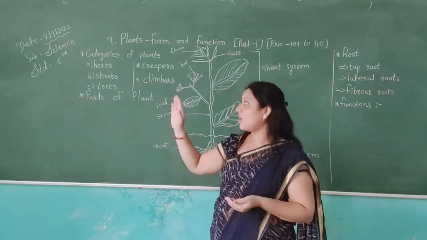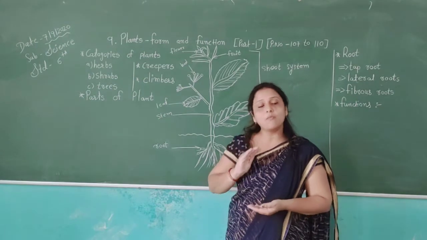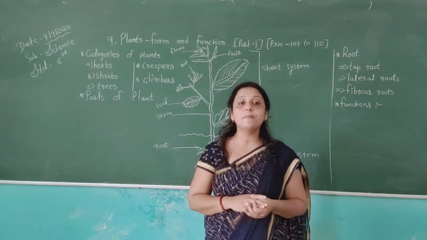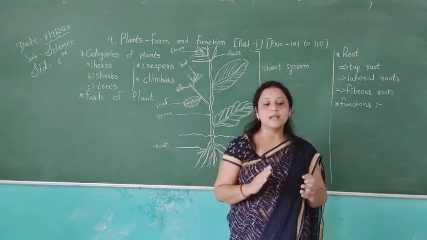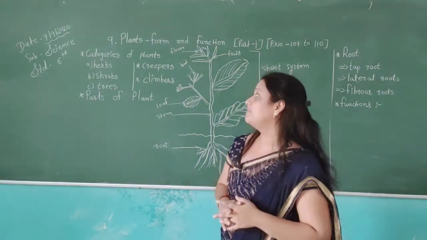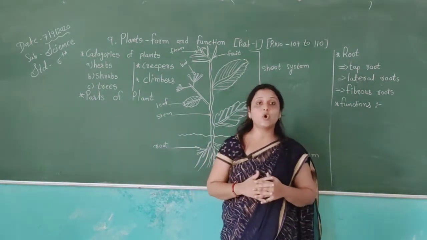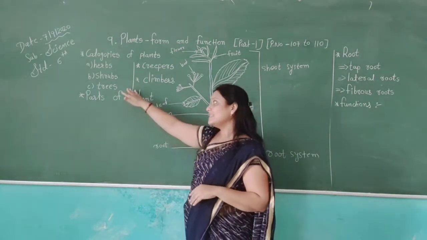Small plants are called herbs. If the plants are small in size, this type of plant is called a herb. Medium-sized plants are called shrubs, and large, tall plants are called trees.